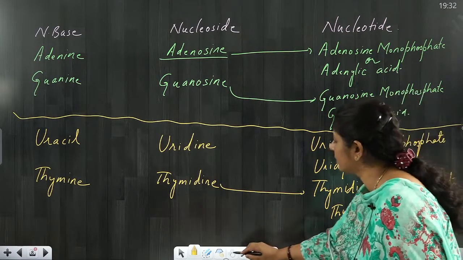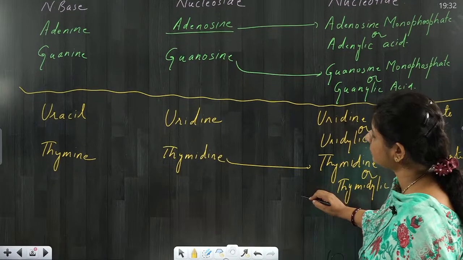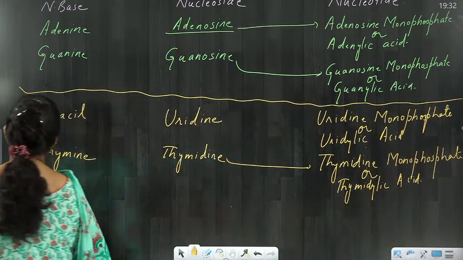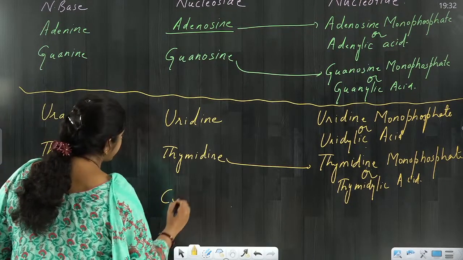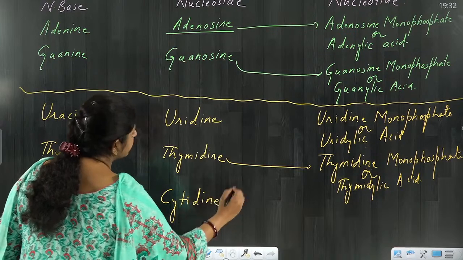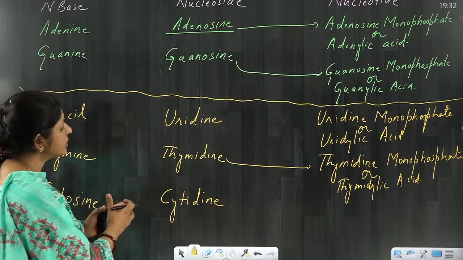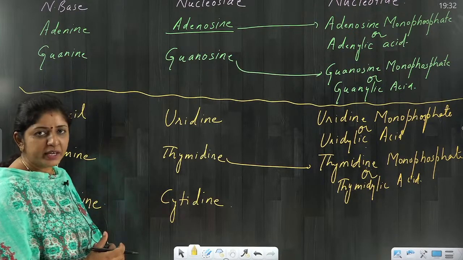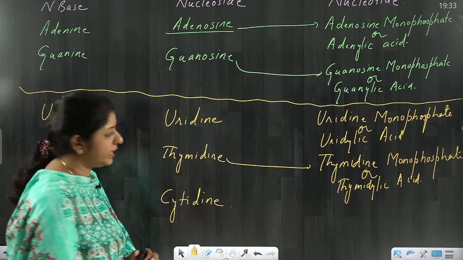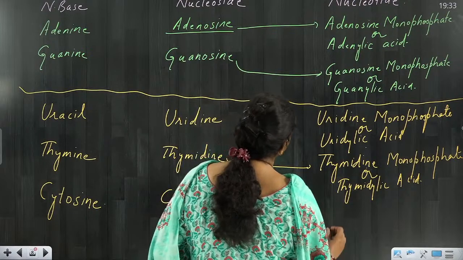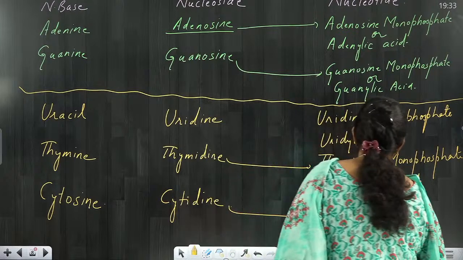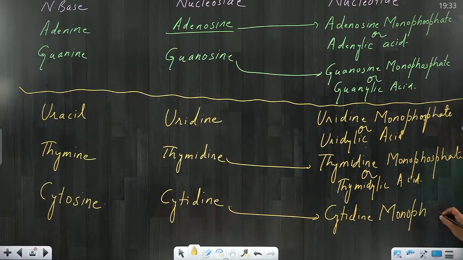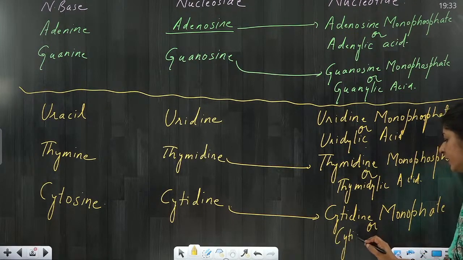Last we are left with cytosine. Cytosine, you call it cytidine when it forms the nucleoside. You take deoxycytidine if I am talking about DNA. Simply writing this means RNA. Then what can we call its nucleotide? Cytidine monophosphate, or even you can call it cytidylic acid.